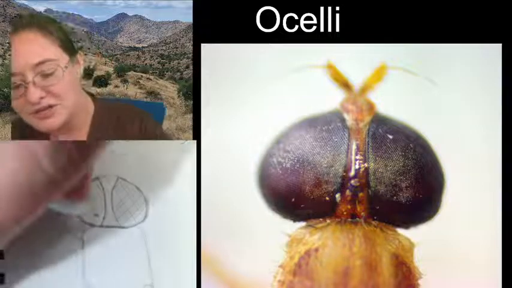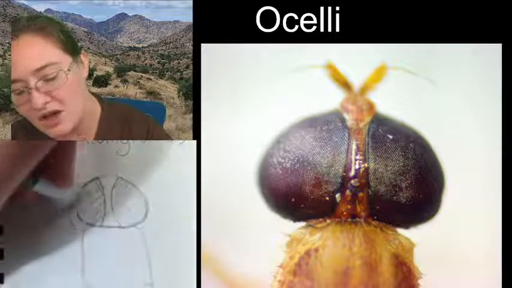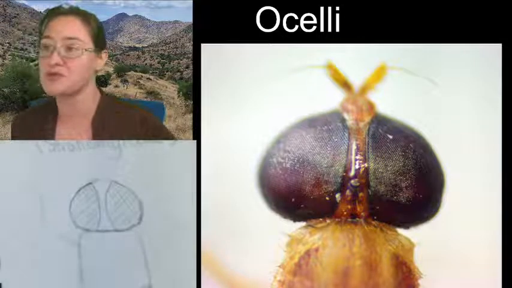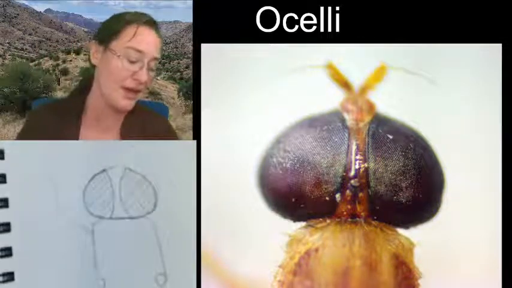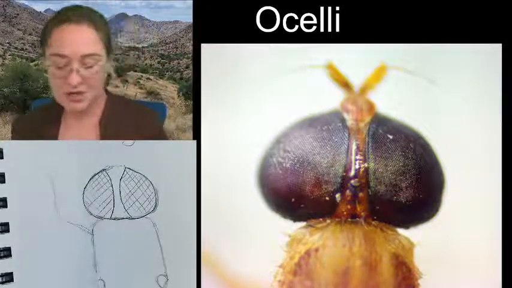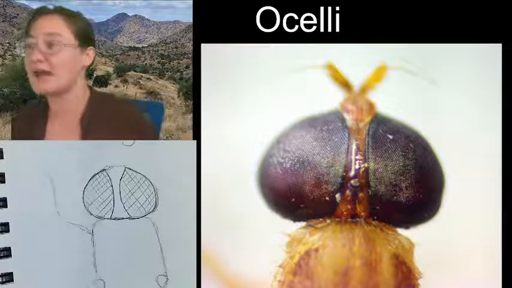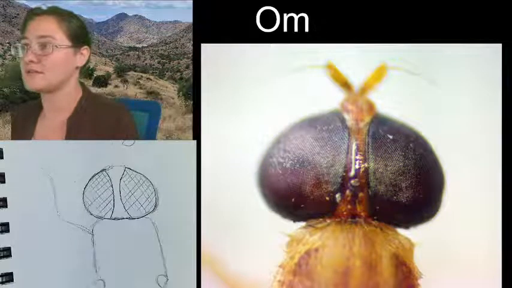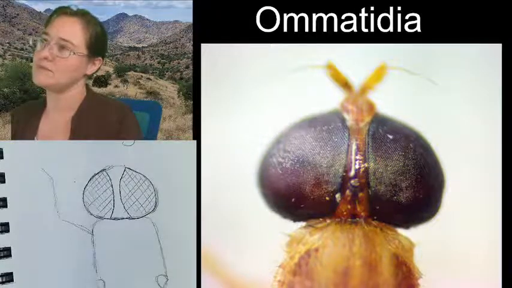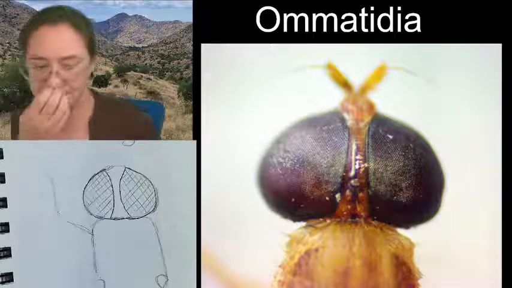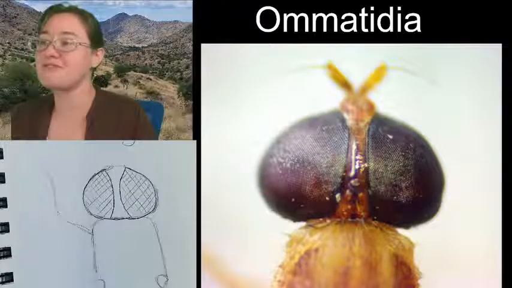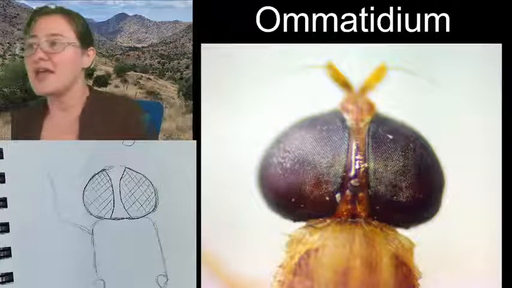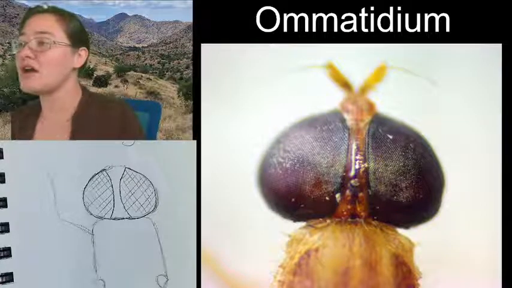If you were curious about the name of all of those smaller eyes in the larger compound eye, those are called ommatidia, spelled like this. Ommatidia. And an individual one is an ommatidium.